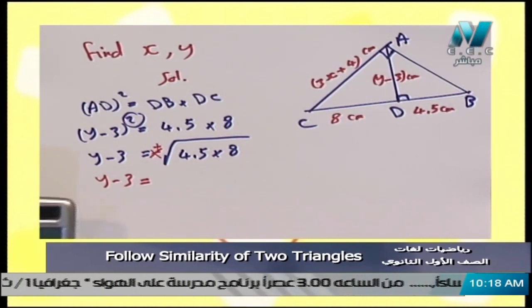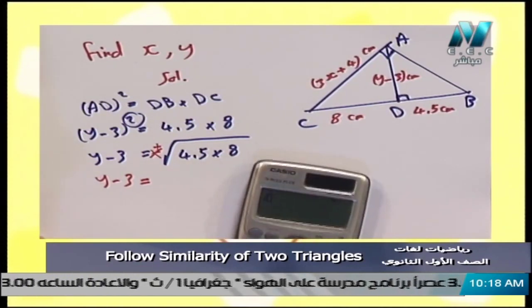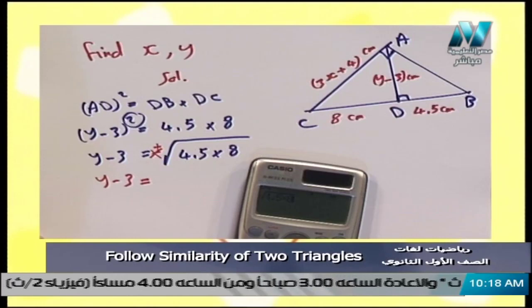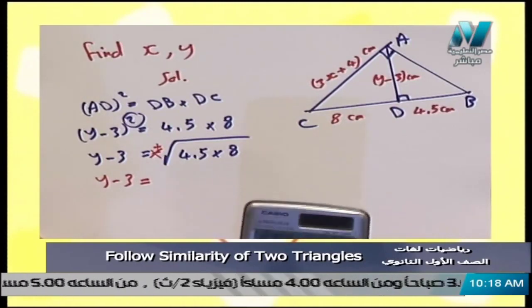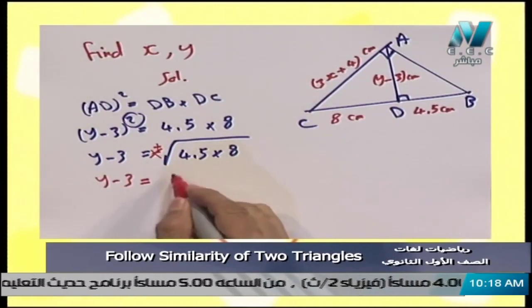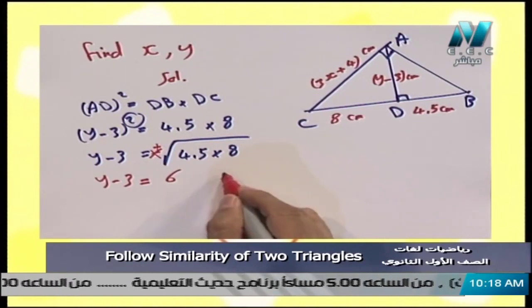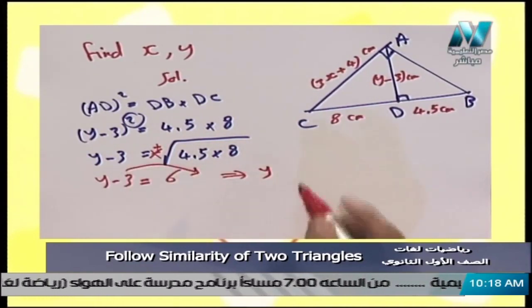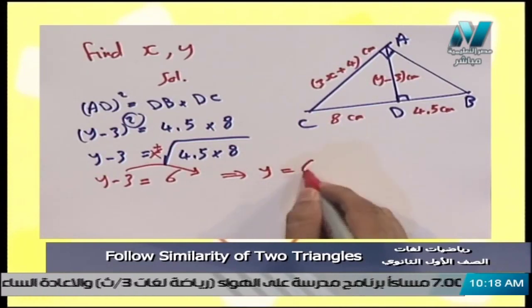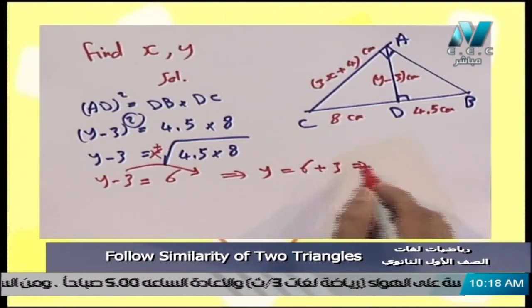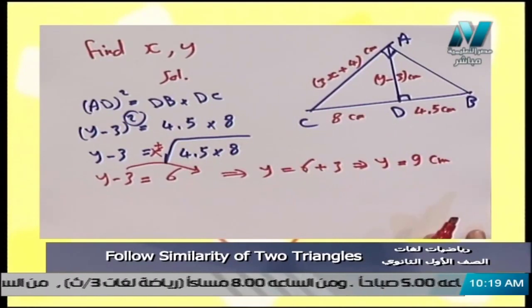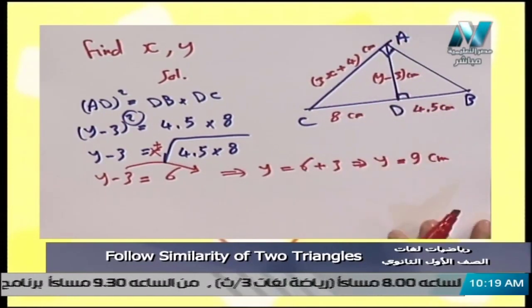It's easy. Square root of 4.5 multiplied by 8, then the answer will be 6. And we will solve this. We transfer negative 3 and it will be positive 3. Y equals 6 plus 3. Then y, of course, equals 9 centimeter. Okay, so y is equal to 9.